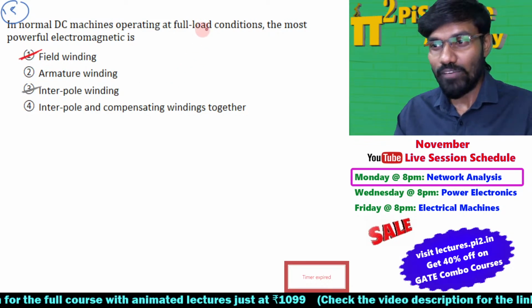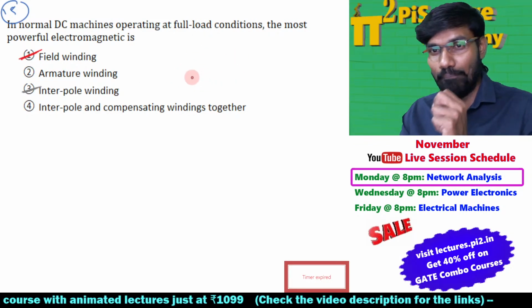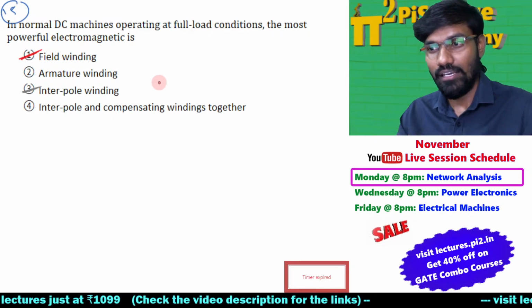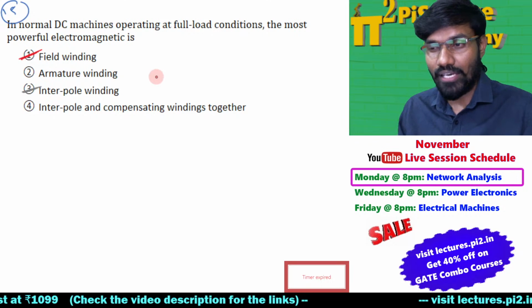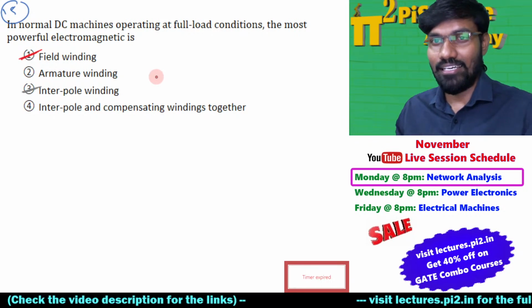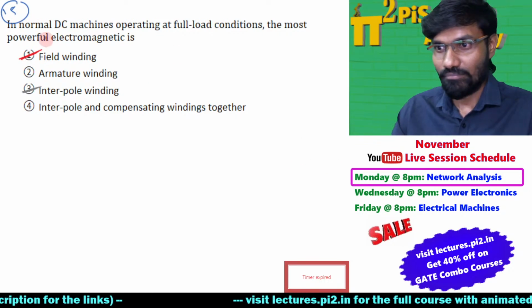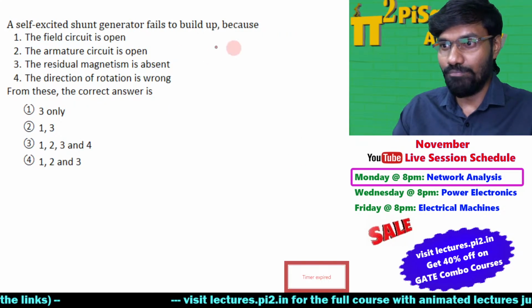We should always make sure that the main field flux is dominant of all. If that is dominant, then nothing else can disturb the DC machine. This is question number 15 from Bhimbra.